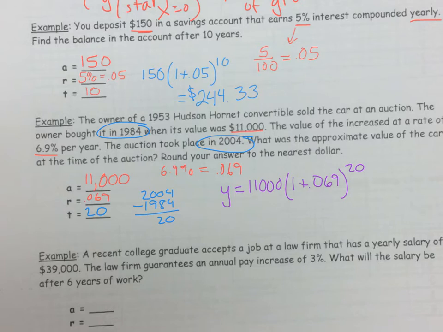Again, it's important that you can put this into your calculator. We're not putting in the y equals. That's essentially just so that we know we are calculating a value. So 11,000 times 1 plus 0.069 all to the 20th.